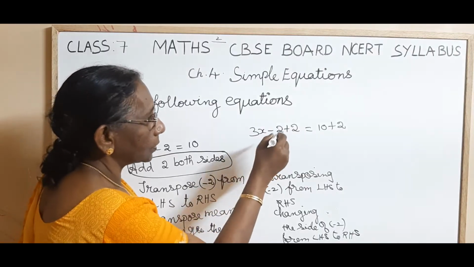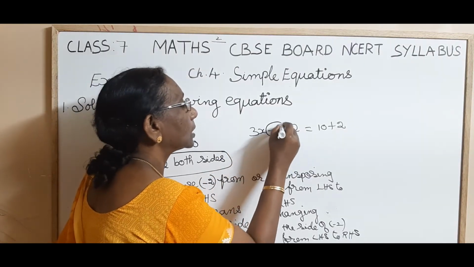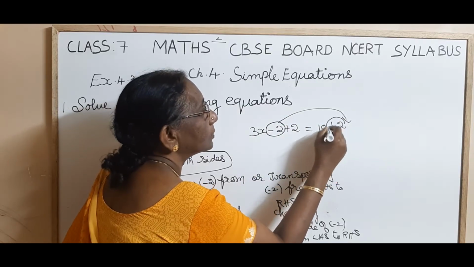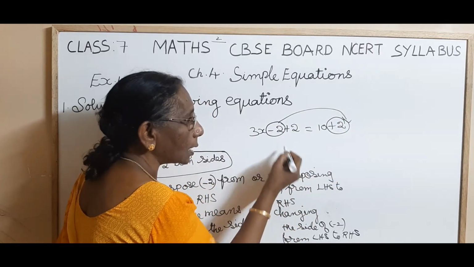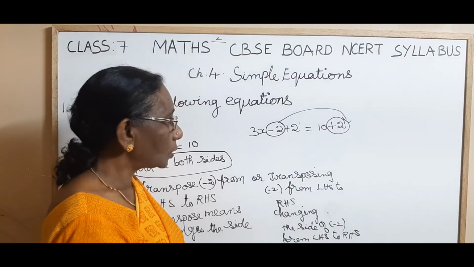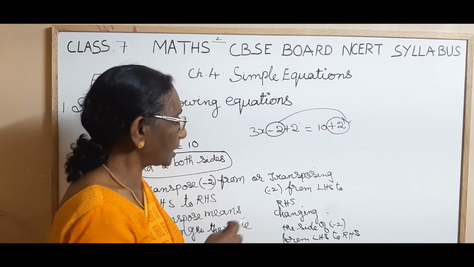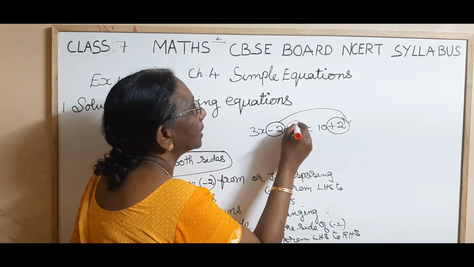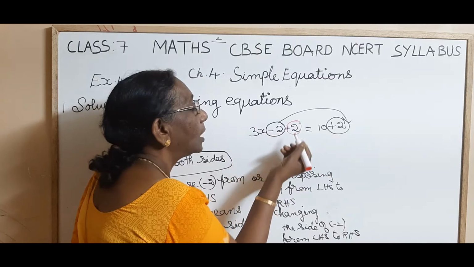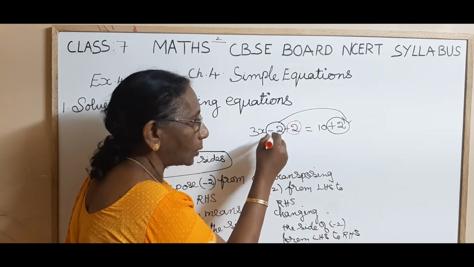This minus 2, when it comes here, becomes plus 2. What is the meaning? We are adding this 2 to both sides. Instead of cancelling this 2 from the left hand side, we are adding the same number, applying the opposite or inverse operation.